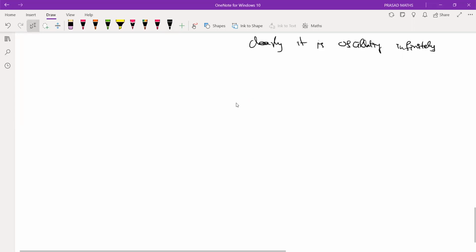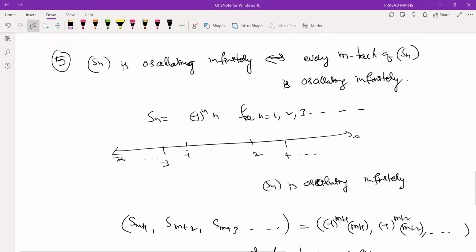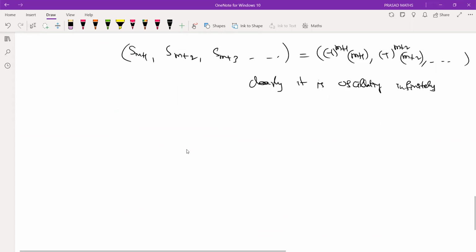Right? Next is property number 6. This is a very, very important property which you've seen in the basic analysis course.